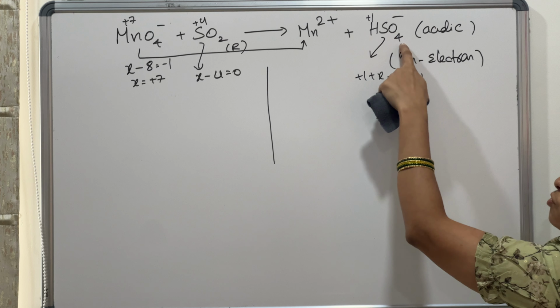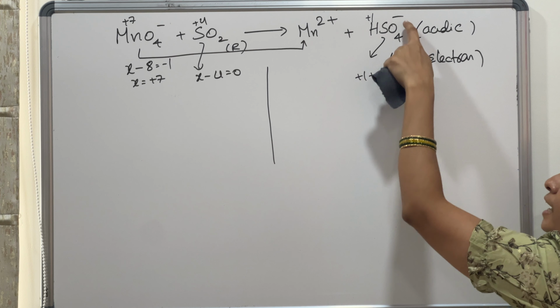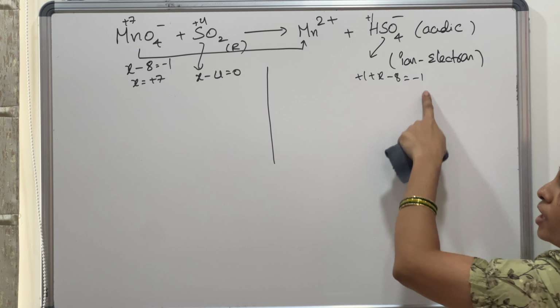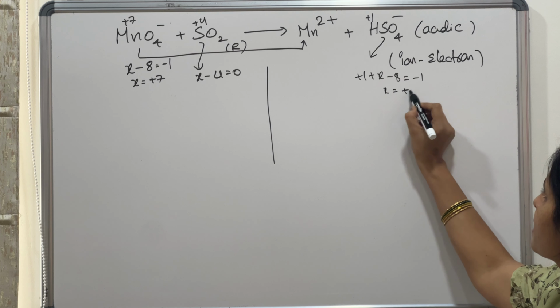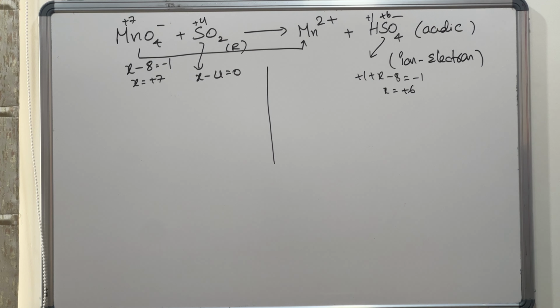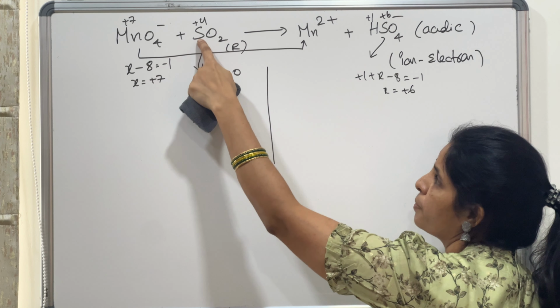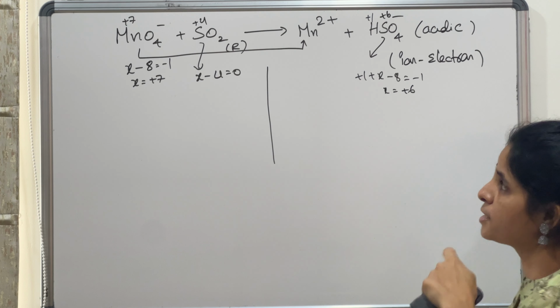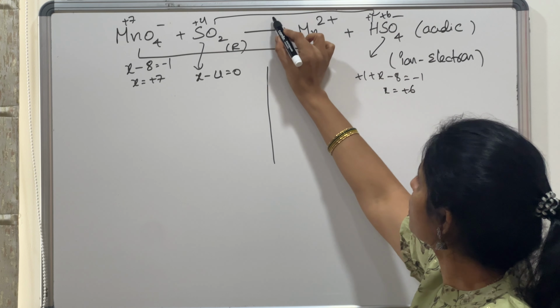Oxygen is minus 2, 4 oxygens, minus 2 into 4 is minus 8, and here is your minus 1. So X is equal to plus 6. So S is in the plus 6 oxidation state. If you observe, there is an increase in oxidation number from plus 4 to plus 6. So it is undergoing oxidation.